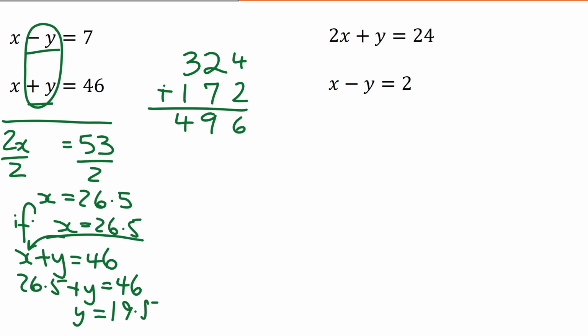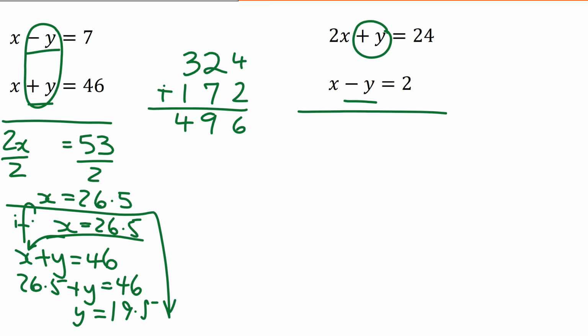We still have to do the same if x equals part on both simultaneous equations, but it's the first part that potentially may be a bit easier here. Next one over here. You can see how if I just add these two equations, I've got a positive y and a negative y. If I add them two straight away, what's going to happen?